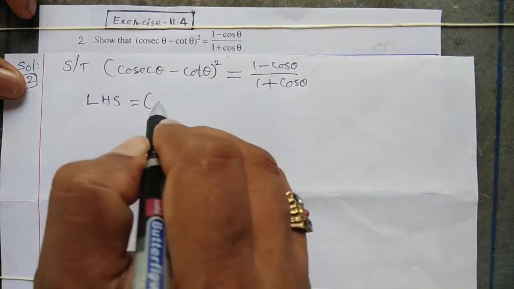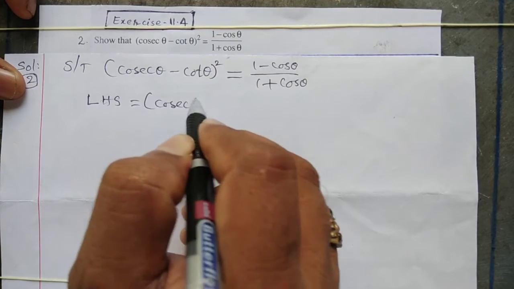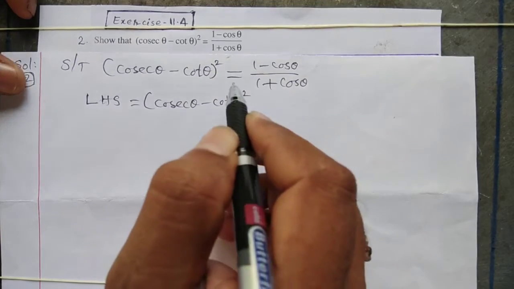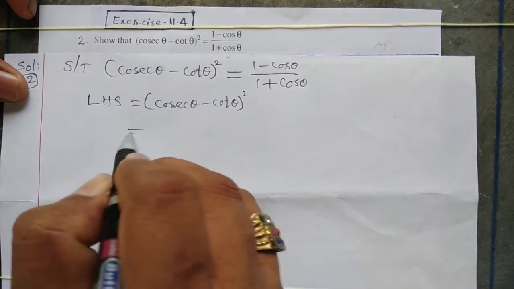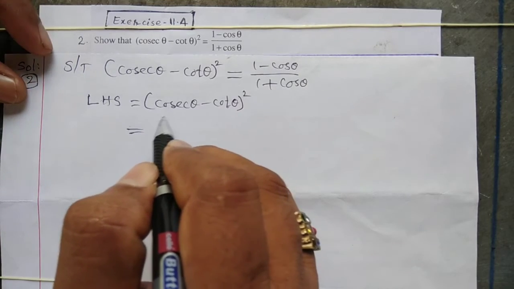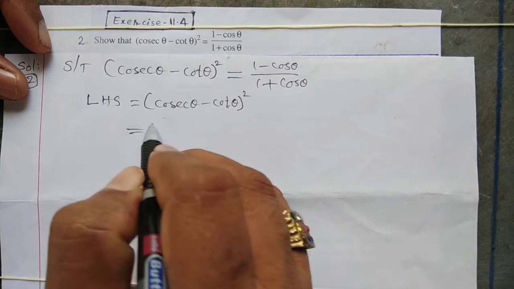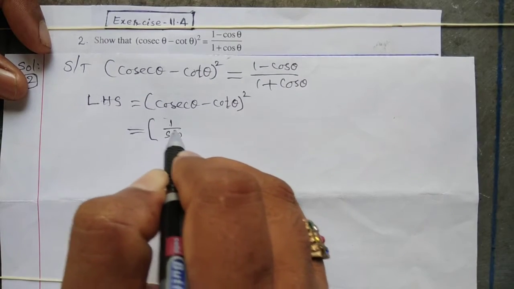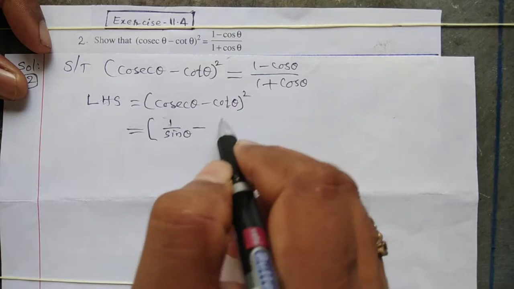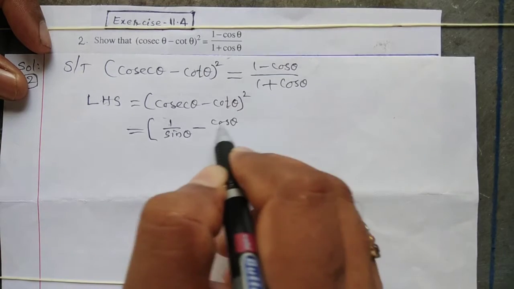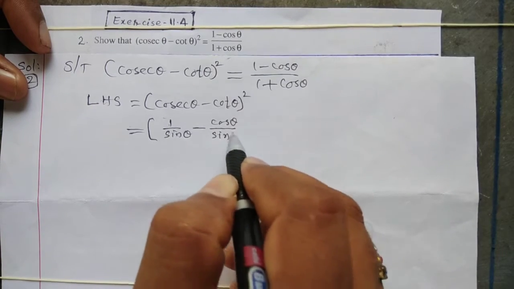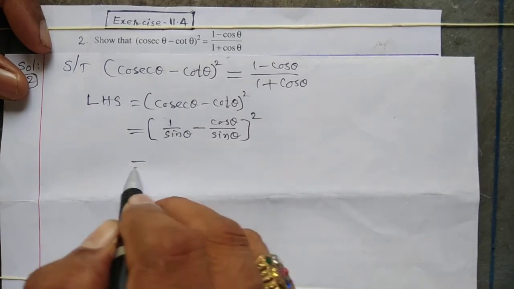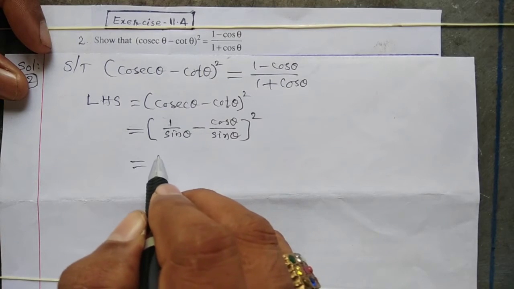LHS is equal to the given (cosec theta minus cot theta) whole square. Cosec theta is the reciprocal of sin theta, that's why we can write 1 by sin theta, and cot theta we can write as cos theta by sin theta, whole square. Take the LCM of these like fractions.